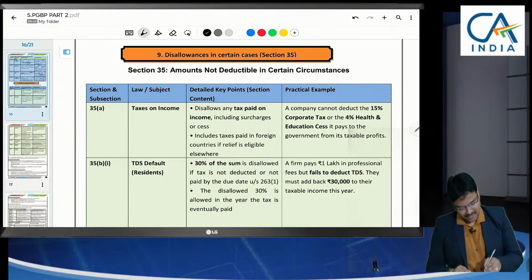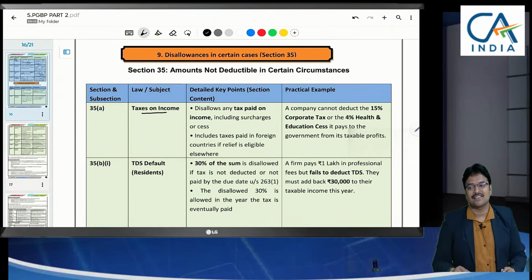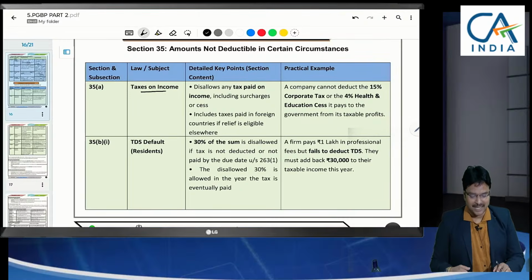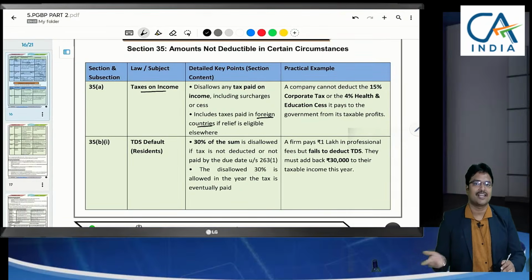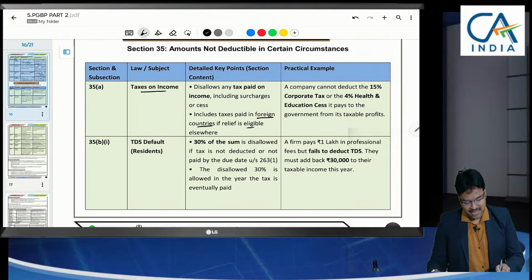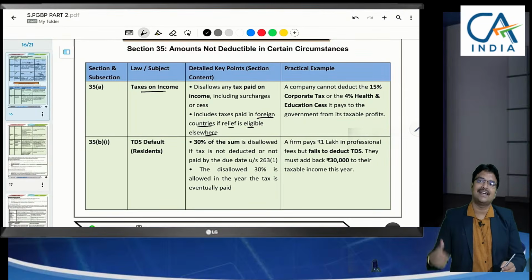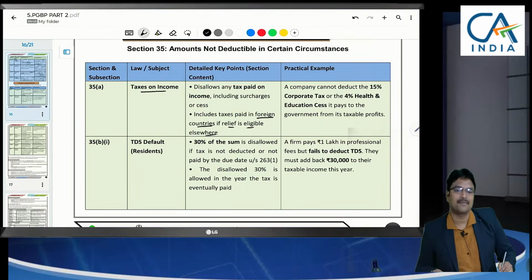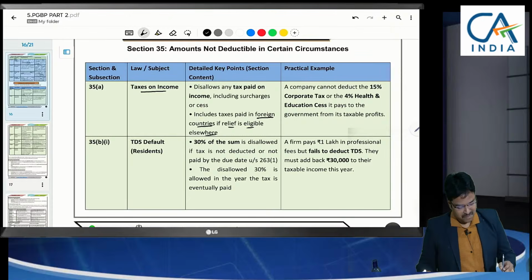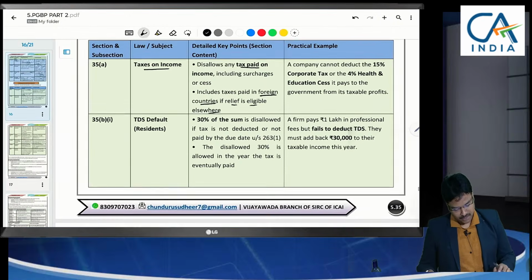Income tax cannot be claimed as deduction, the first basic thing I have already discussed, because we are computing income tax. Even tax paid in foreign countries we cannot claim here. If that is claimed as a relief, we can claim that credit in India, but it cannot be claimed as deduction. If you are not going to claim credit, then you can claim. But income tax paid in India cannot be claimed as deduction.